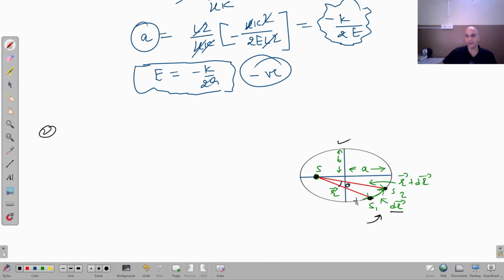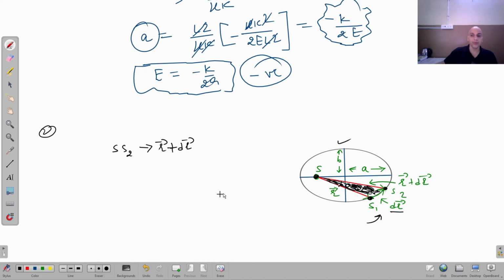Now, if we look at this vector SS2, then this vector is r plus dr, right? Now, let's look at the area of this sector. What is the area of this sector? I am calculating the area of this sector of this elliptical path.